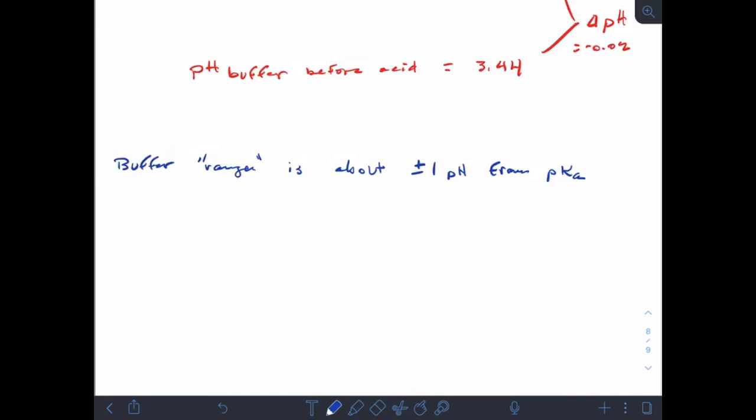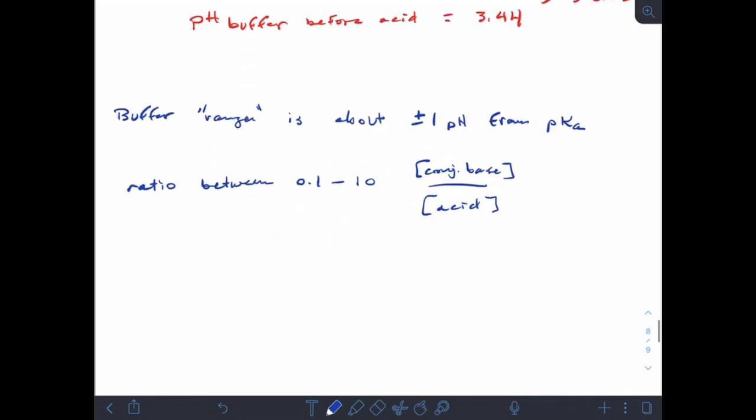The reason for that is the ratio. Remember, our ratio for buffers is from 0.1 to 10, the ratio of conjugate base over acid. The ratio of base to acid needs to be between 0.1 and 10 for the buffer to work.